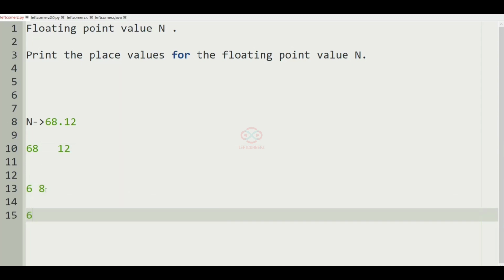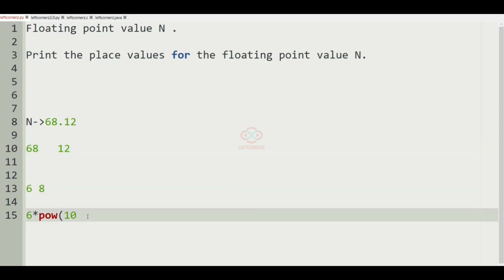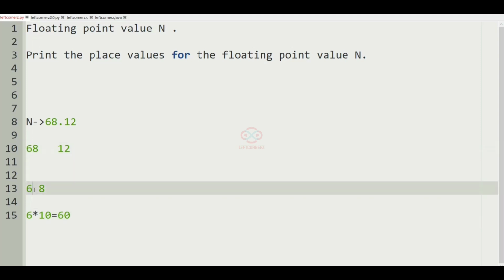So 6 will be multiplied by 10 to the power of 1, since it is in the 10th place. We can write this as 6 into 10, which is 60, and we have 8 in the unit place.